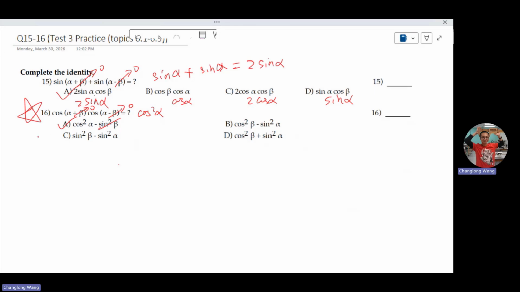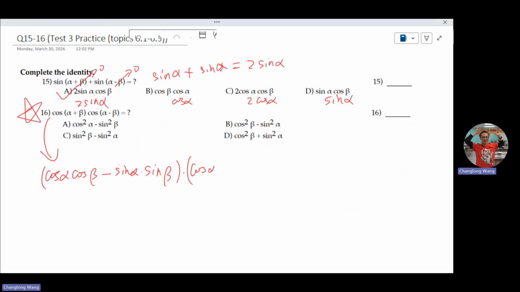But if you want to do the right way, let's just expand everything. So cosine alpha plus beta will be cosine alpha cosine beta minus, remember that cosine flips the sign, sine alpha sine beta. So that's the first part. The sum of the angles for cosine times cosine alpha minus beta.